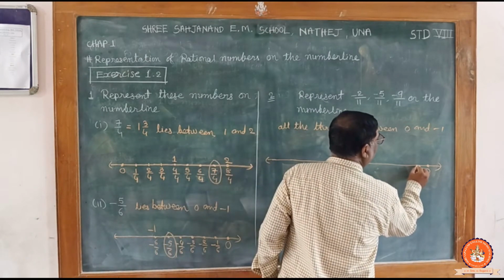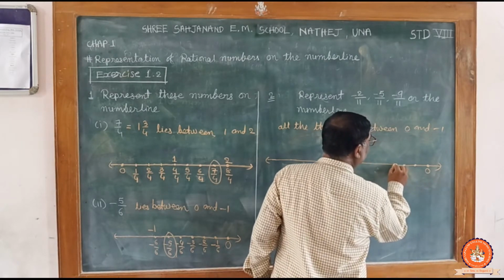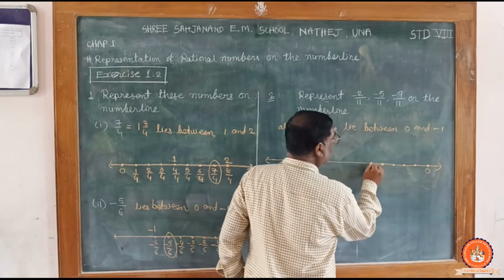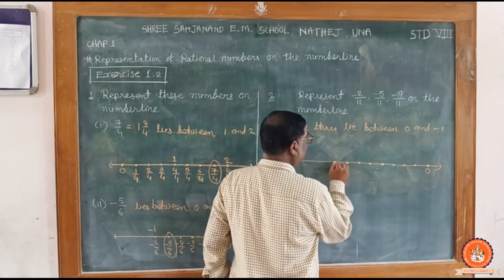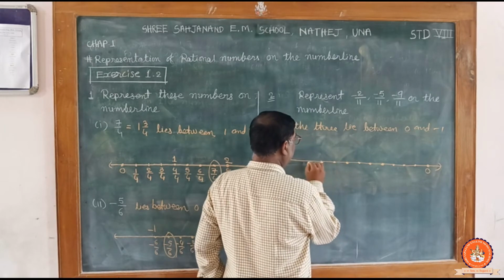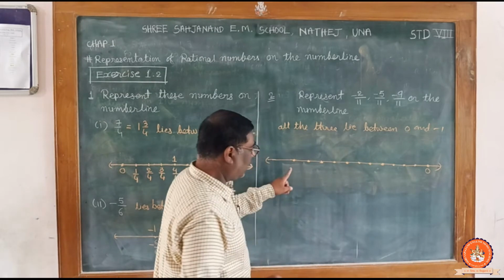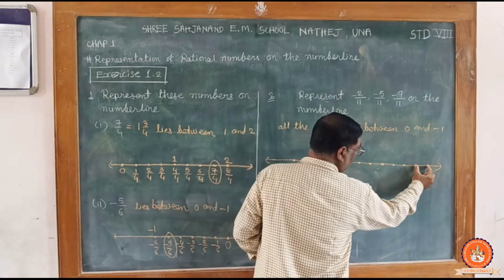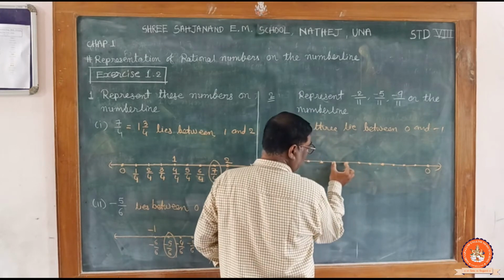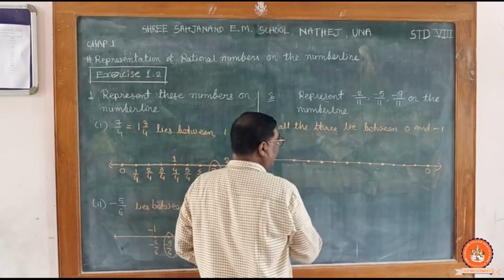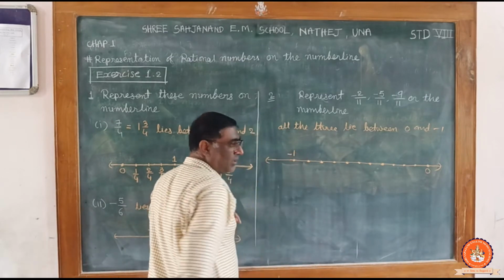It's 1, 2, 3, 4, 5, 6, 7, 8, 9, 10 and 11. The 11th part will represent -1.